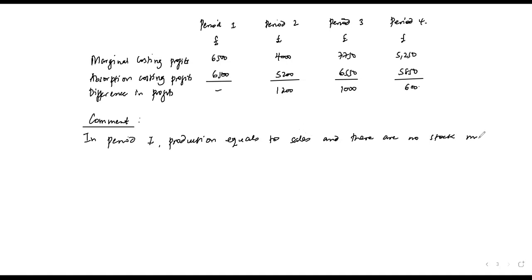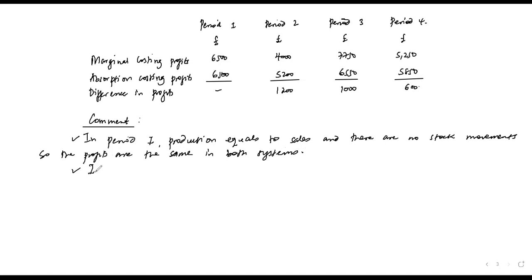So the profits are the same in both systems. So when production equals sales, the two costing systems will always provide the same profit figure.